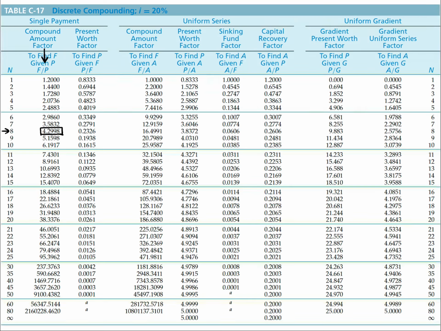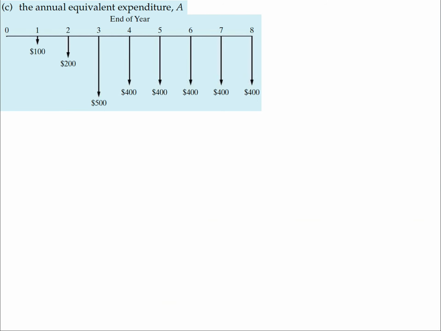Okay? And if you distribute everything to annuities, that's going to be the third question. You don't have to do the conversion of every cash flow because you already have your present value, right? You calculated it in the first question. So you only need to distribute this present value to annuities.